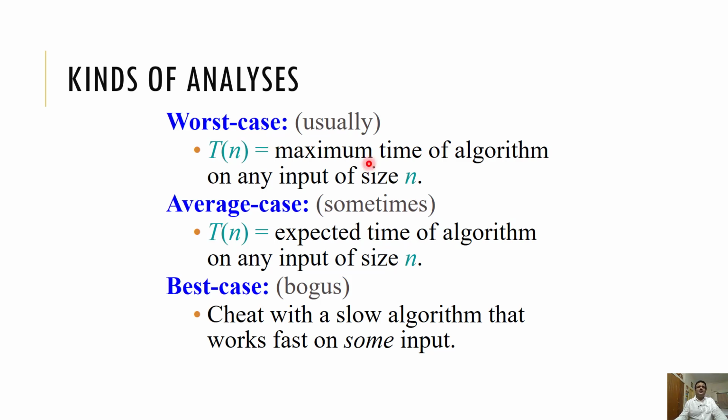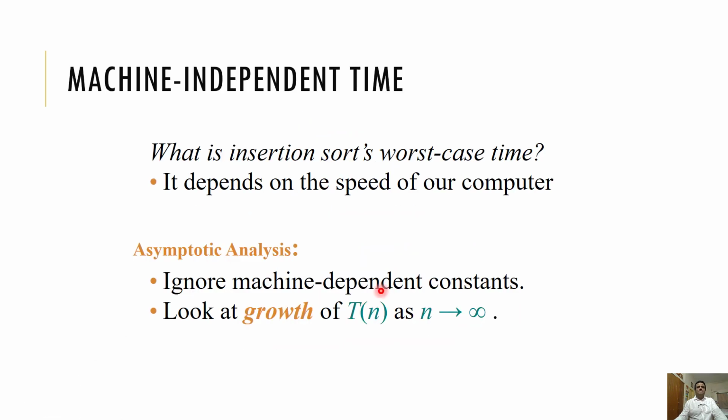Yes, it will depend on the computer where we are running the code. So, suppose we are running the code on a brand new computer like this Core Duo processor, and we are running the same piece of code with the same input, which is reverse sorted, for insertion sort, and the same size of 100 elements, on a very old machine, Pentium 1.